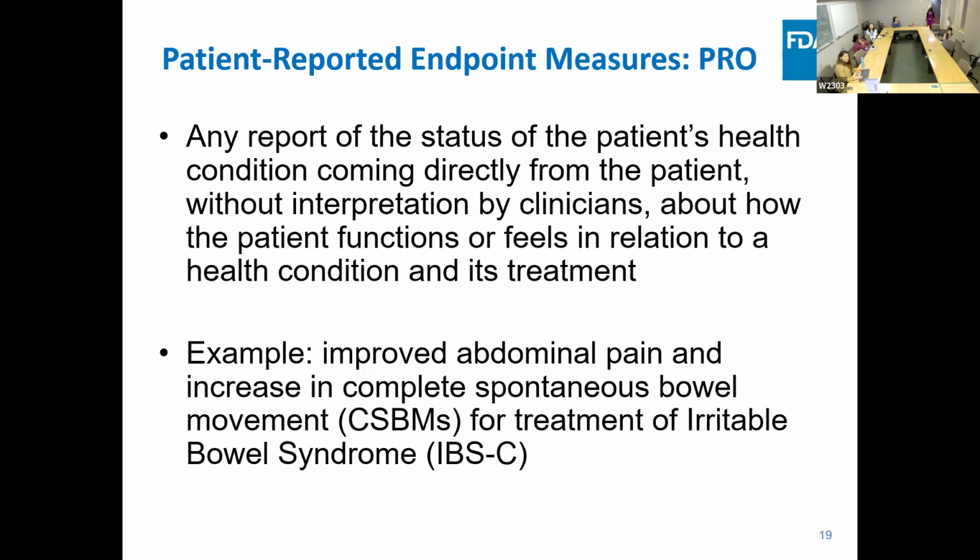There's also patient-reported outcome measures, and these can be highly variable. These can be symptom-related, which goes into the feel part of feel, function, survive. So if someone has irritable bowel syndrome, IBS, one outcome could be a patient keeping a diary of their symptoms and whether they feel better with the drug or not.